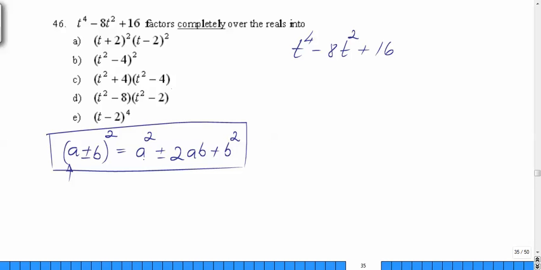If you have a number squared plus or minus 2 times this number times the second one plus the other one squared, then that's a binomial square.